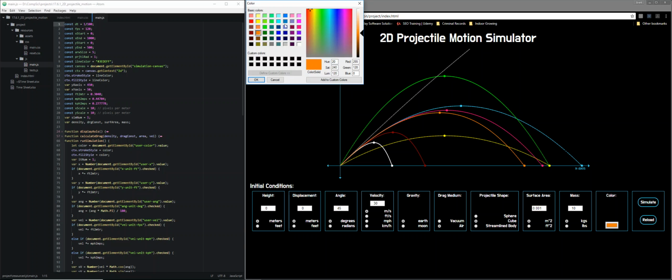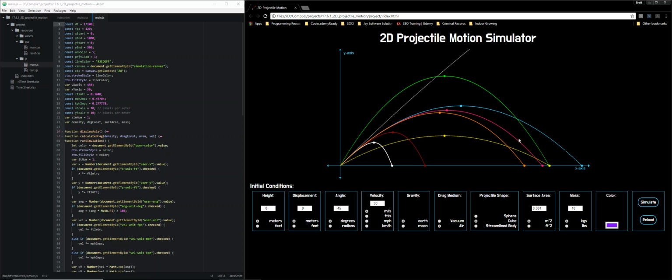So my prediction is it's going to go higher and further than the streamlined body did, even though it is a very unaerodynamic shape. Here we go. And yeah, it's almost exactly the same with how small the surface area is. It is almost exactly the same as our initial vacuum conditions.